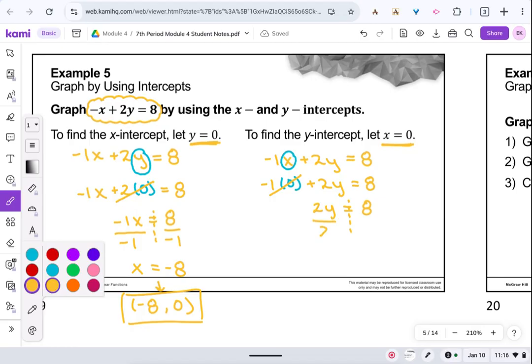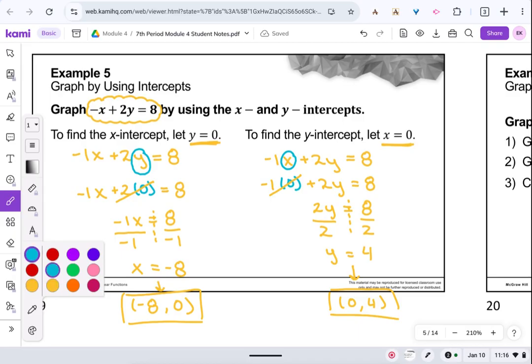We're going to divide by the 2 in front of y. 8 divided by 2 is 4. Now from this, my y value is 4 and my x was 0. So my 0 is first, and the number I got is second. So that 4 goes second. Now this is the hard work. Easy now is what we're going to do.